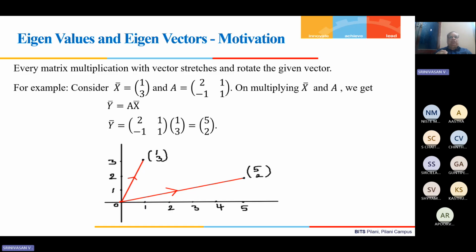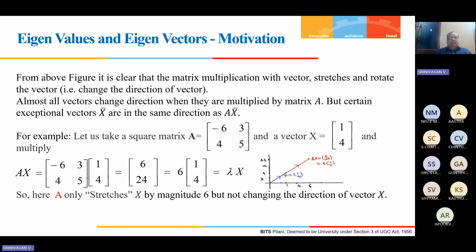Okay, so this leads to finding eigenvalues of the given matrix. We will see one more example where we'll see what's happening. From the above figure, it's clear that matrix multiplication with a vector stretches and rotates the vector.